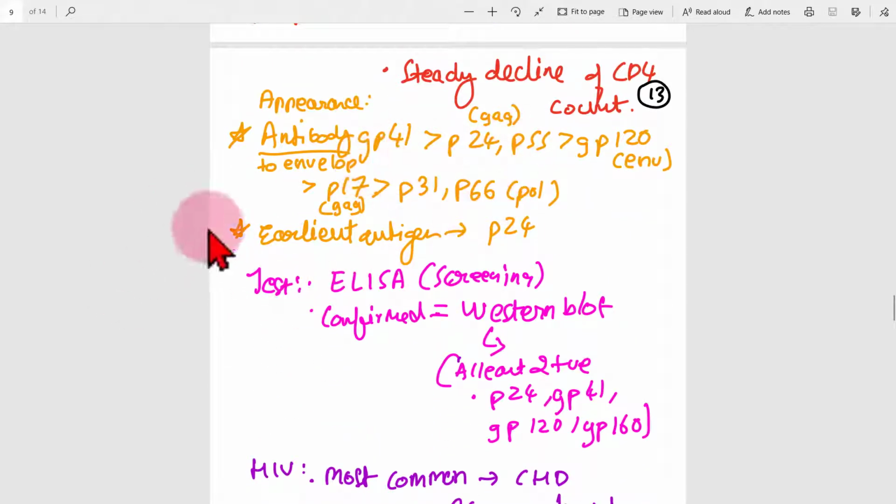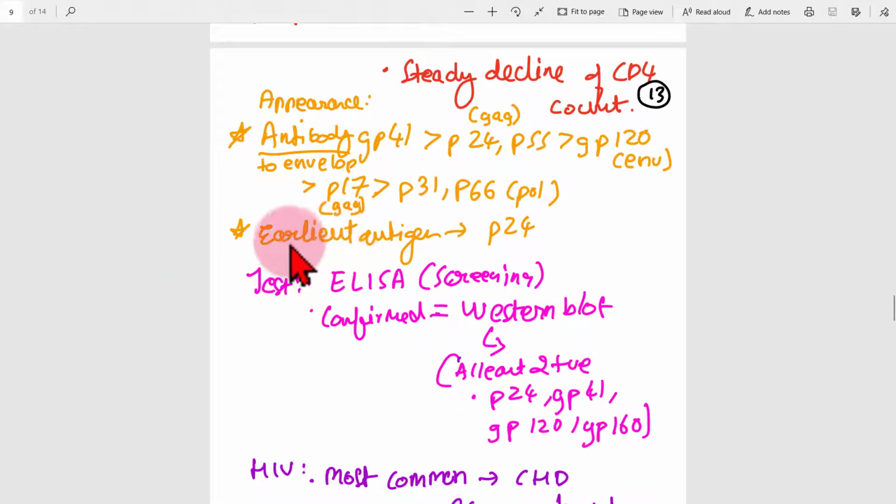Now looking at the appearance, firstly what appears is antibody to GP41 envelope, and then later P24, P55 gag, and then later GP120 env, and later P15 gag, P17 gag, and this is greater than P31 and P66 pol.